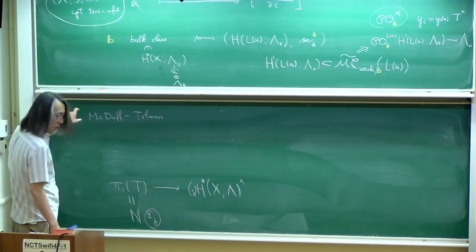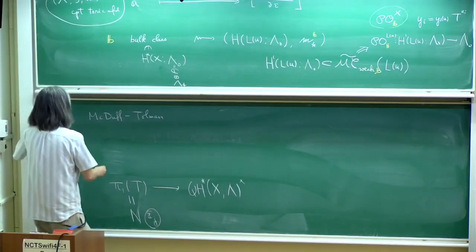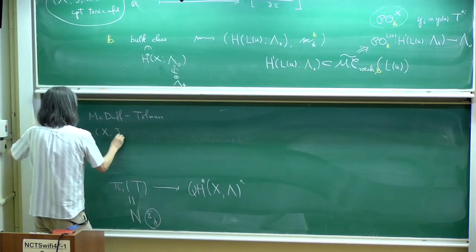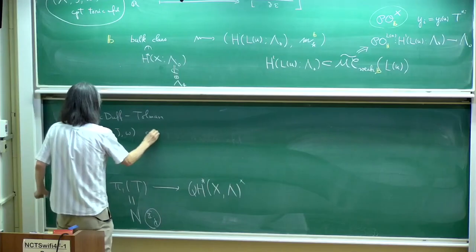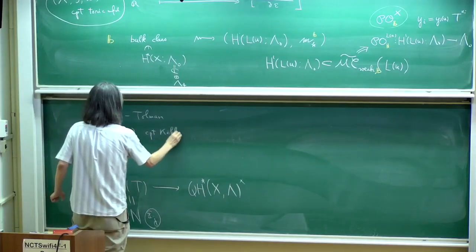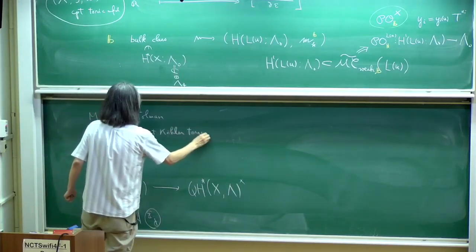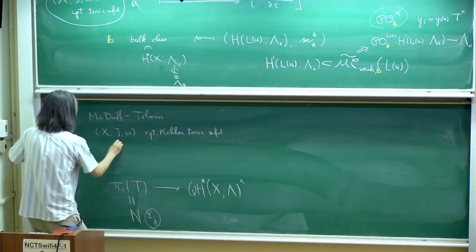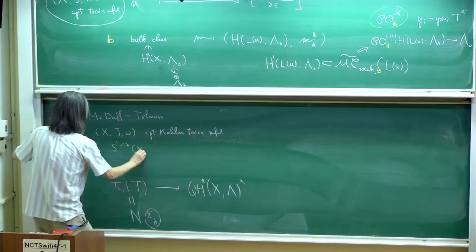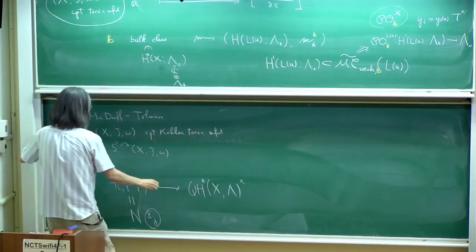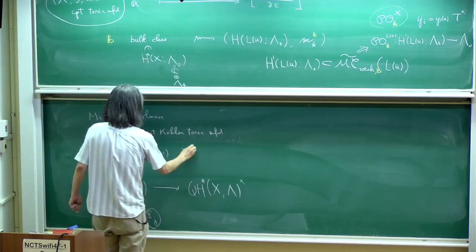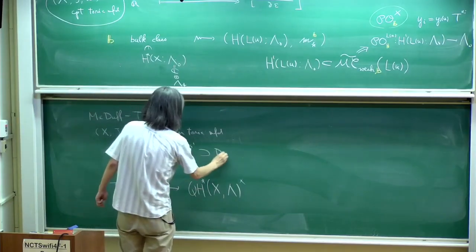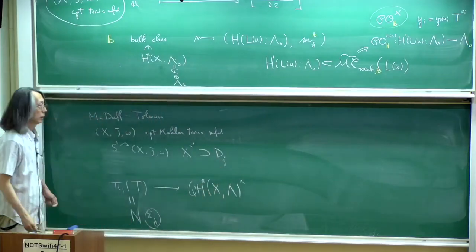So their result may be more general, but I just restrict myself to the compact Kähler toric manifold, and take the circle action so that the fixed point set contains this Dj.